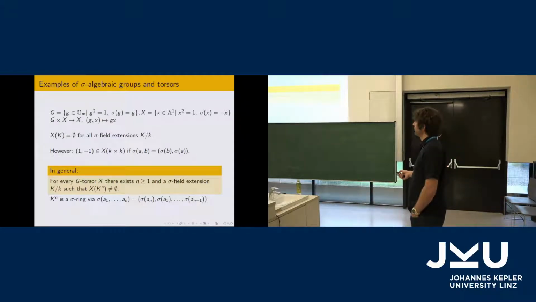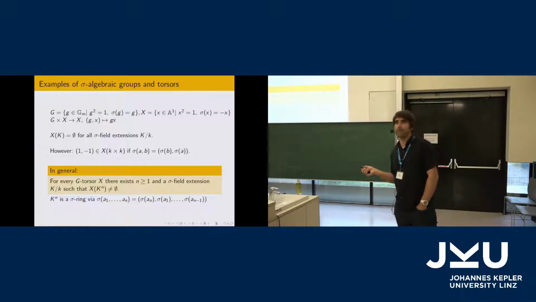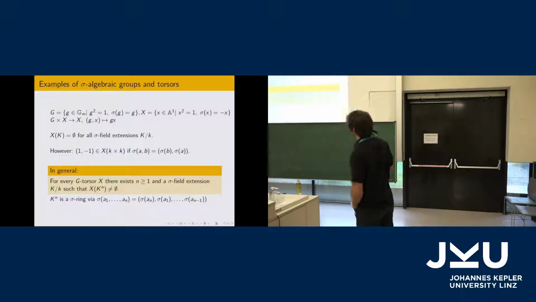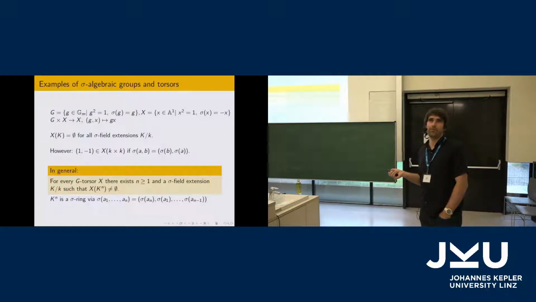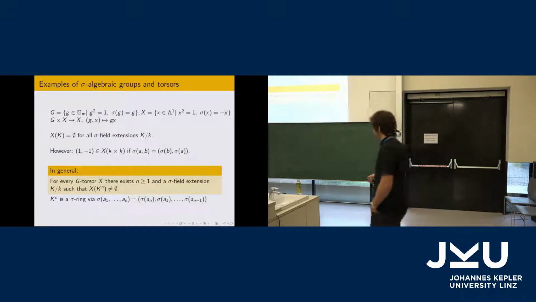And the sigma does this: you apply sigma to the coefficients, but you also shift in a cyclic way. And you can actually do one better here. You can choose the n in such a way that it only depends on G. The k will depend on the torsor, but you can choose the n in such a way that it only depends on G. All right, so that's that.